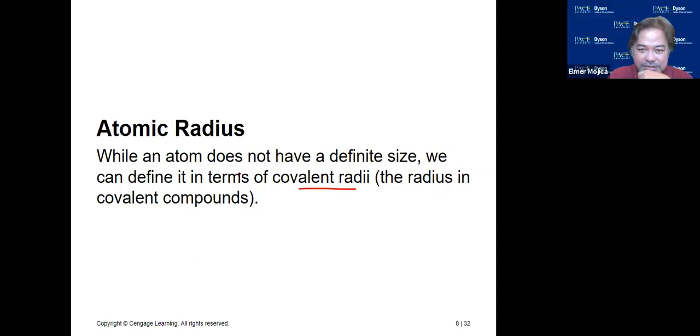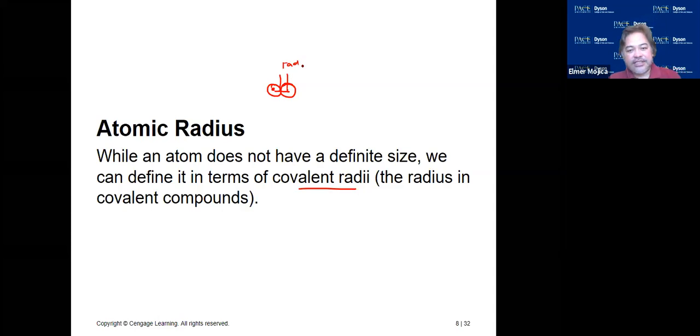So maybe the way that they look at this is like this. So what they do is 1/2. If you have the distance between them, you get the 1/2 there. Okay, so that's the radius. But if you look at it technically, it's just the distance between the outermost electron and the nucleus.